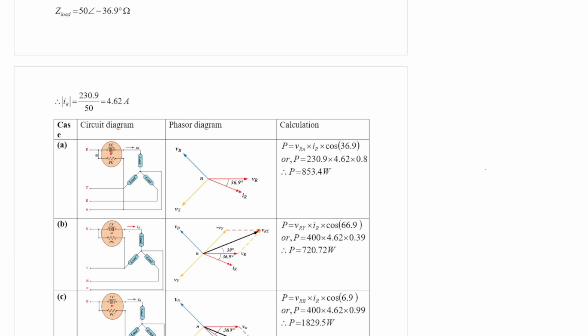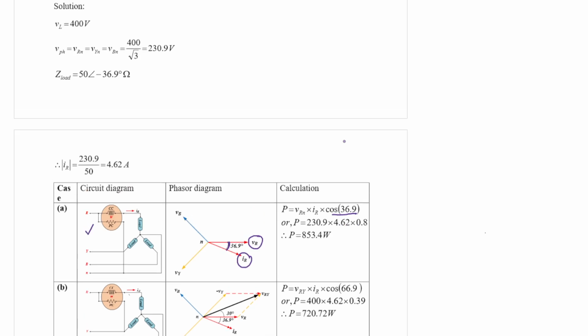this is the connection diagram of figure 8A. You see this is VR and this is IR, and the angle between them is 36.9 degrees. So the power consumption will be VR into IR cos 36.9. What will be VR?